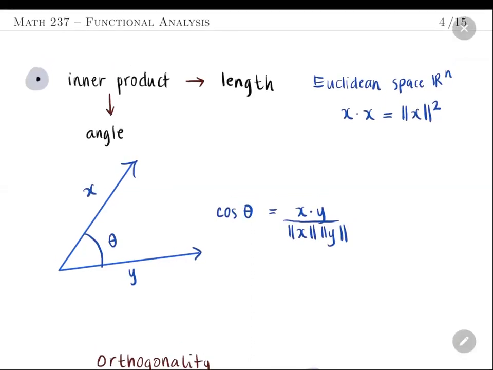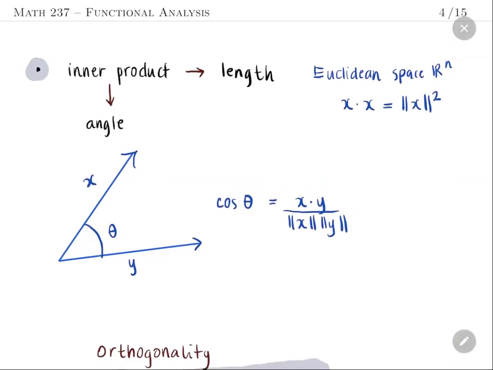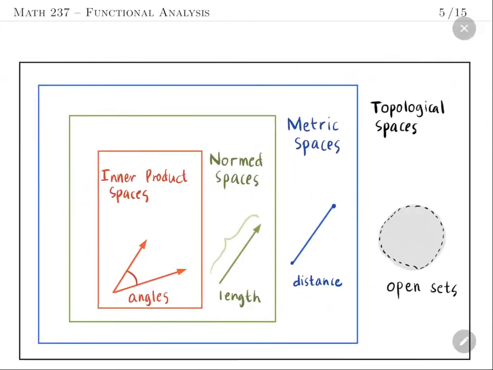And finally, if you have an inner product with your set, then you can define a length or a norm. And in this course, we will discuss those concepts. So we have different underlying spaces with these objects.